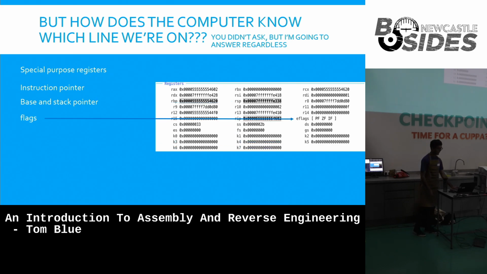There's a flags register, which is fairly important too. It contains various important flags for the program's execution, like the zero flag, which tells you if the value of the previous operation is 0, which could mean if you subtract two values from each other and the result is 0, the values are equal.